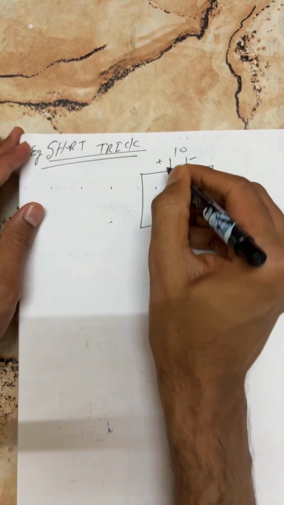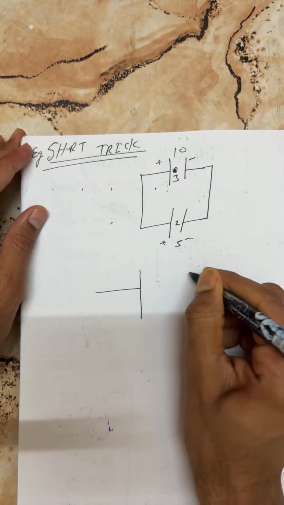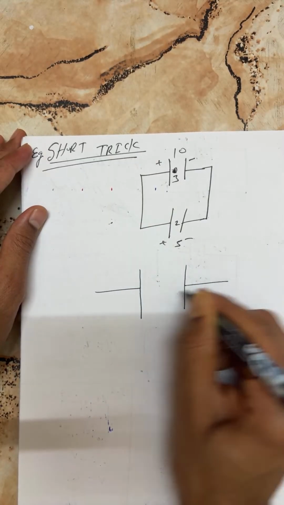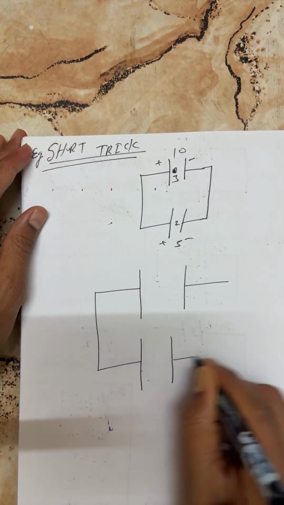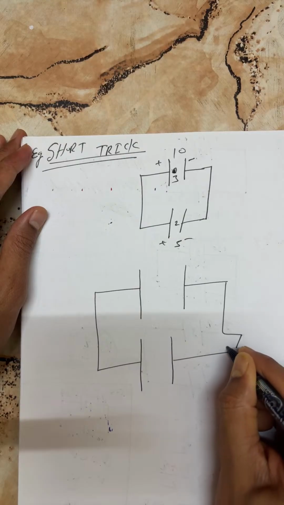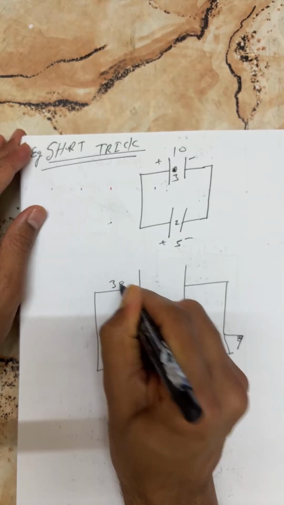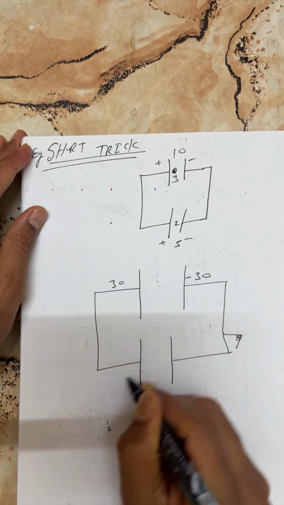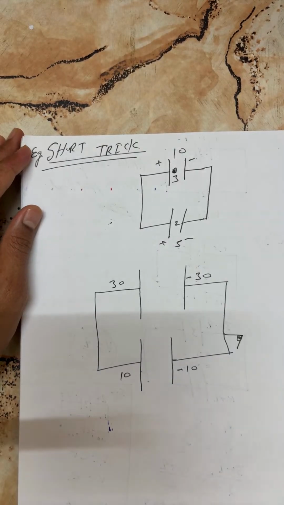Beta, first just put the charge over there. Initially write the charges on both of the plates. So this is, you can say, 30, minus 30, 10, and minus 10.